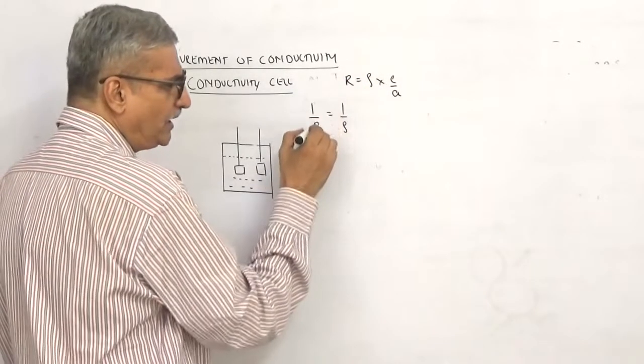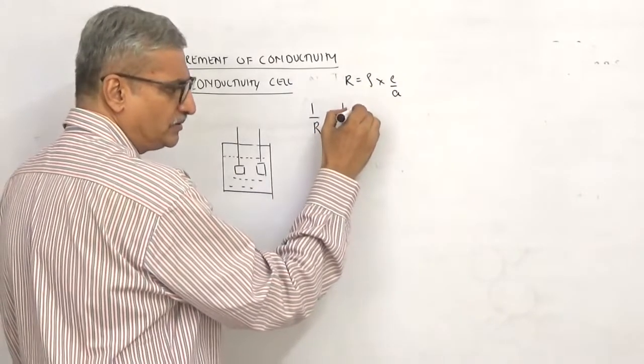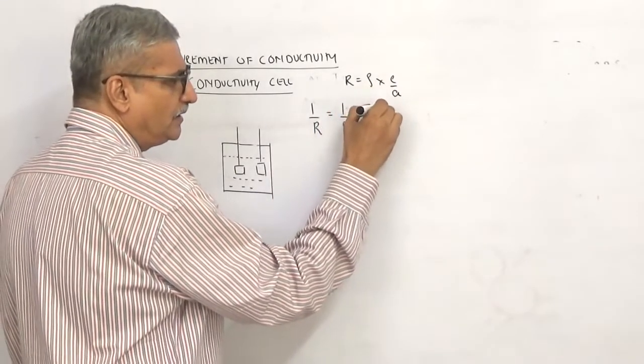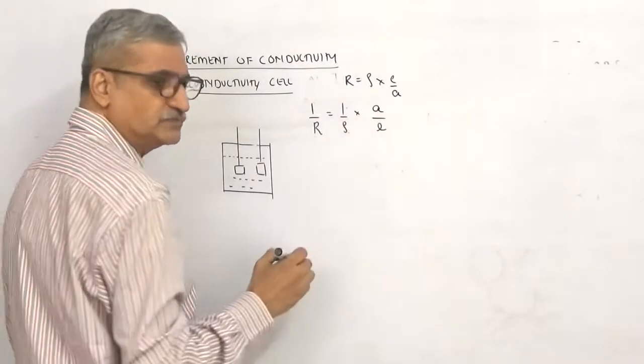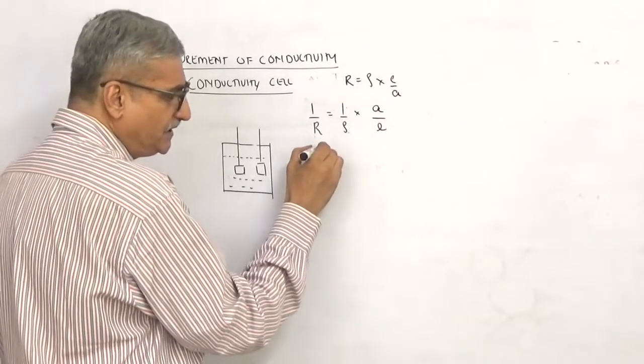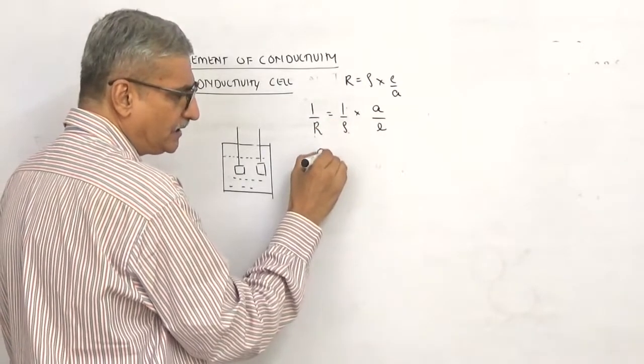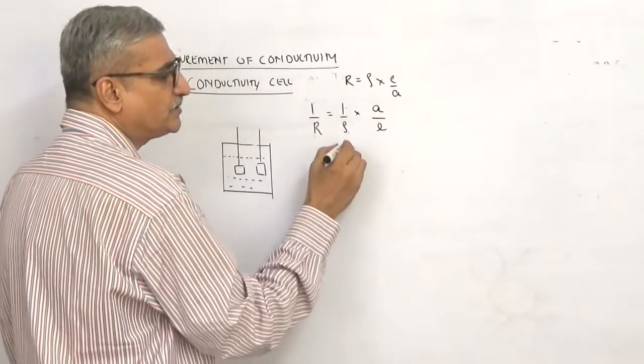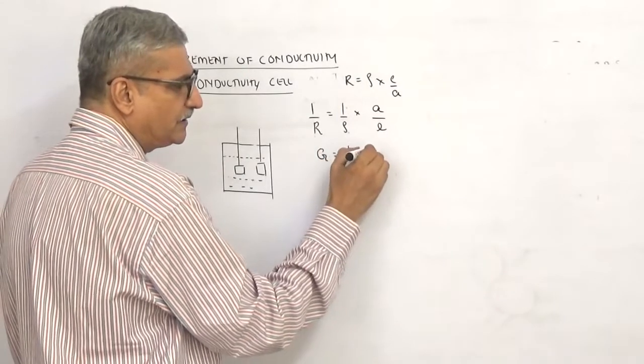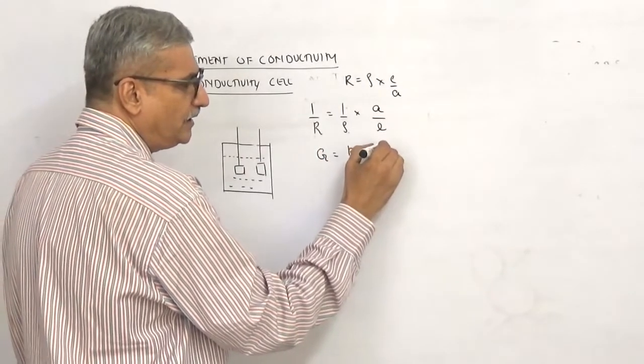So 1 upon R is equal to 1 upon rho into A by L. Once again, this is K, and this will be the conductance G. So that will be equal to K into A by L.